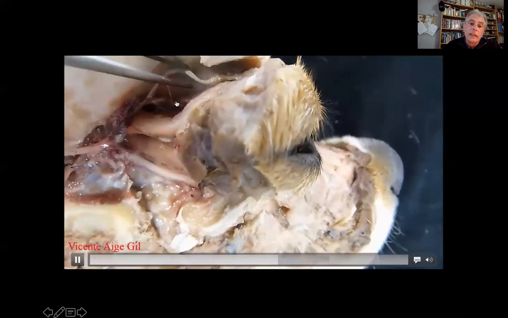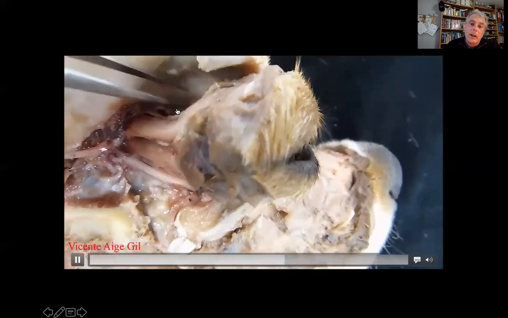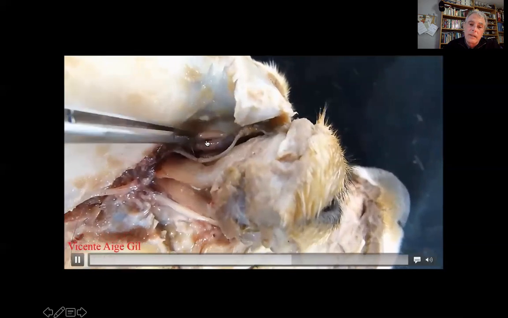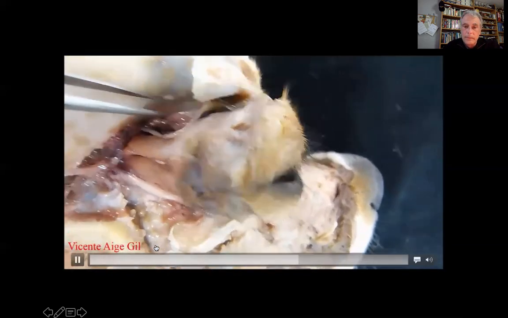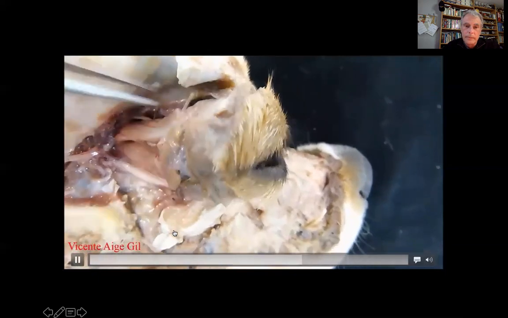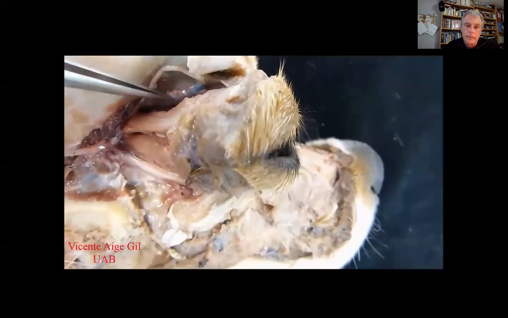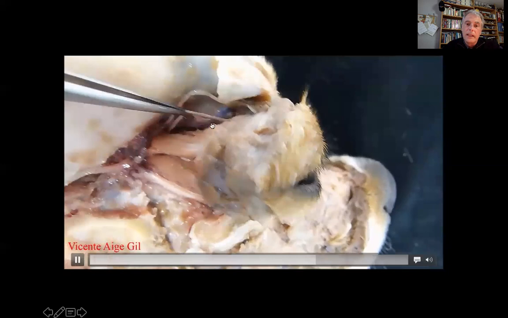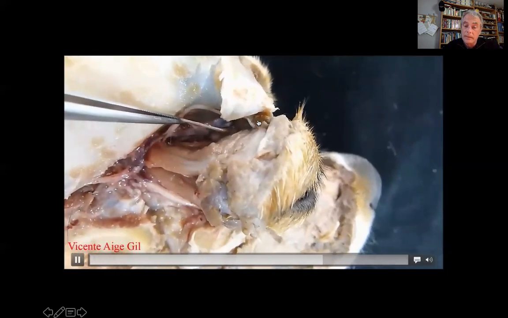What you have here is the obliquus dorsalis muscle. And if we look carefully, we find the infratrochlear nerve that is sensory for the medial canthus of the eye.